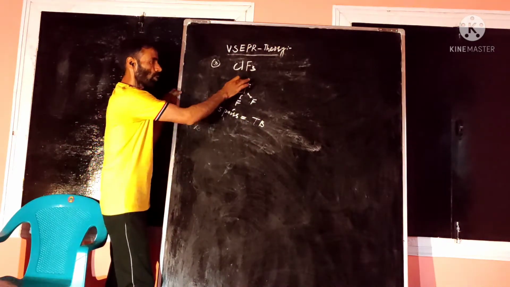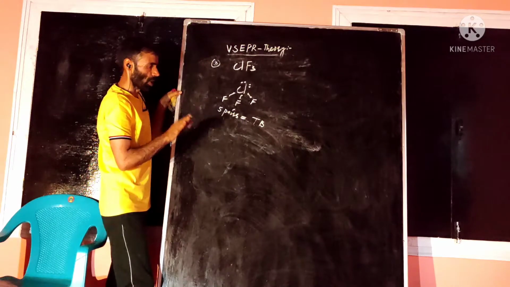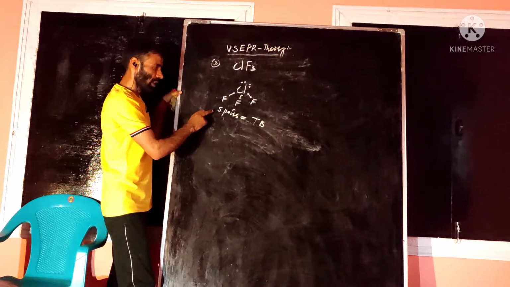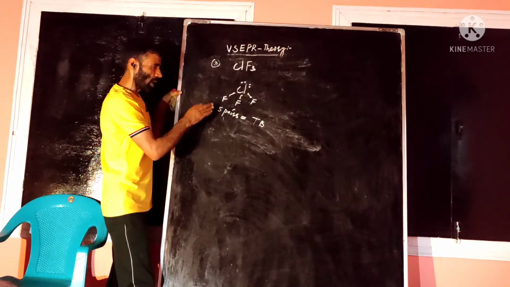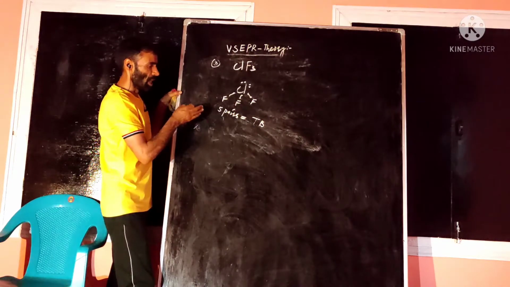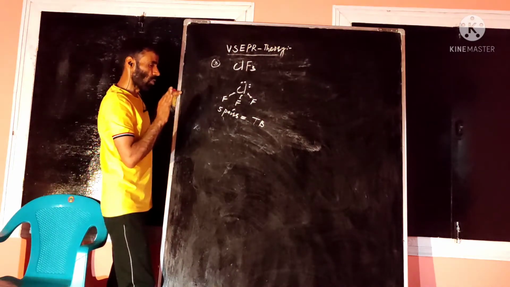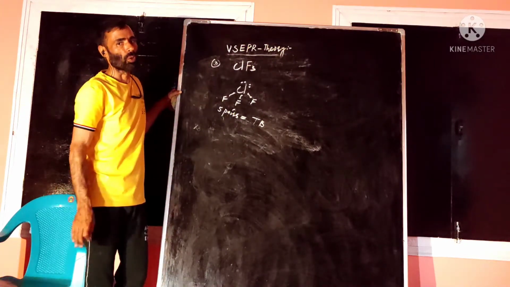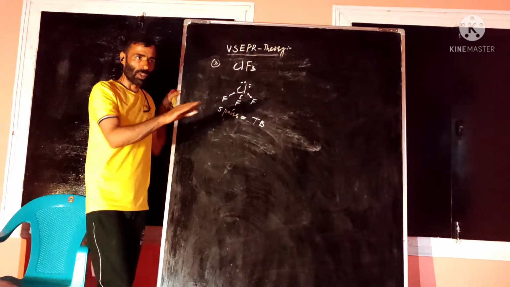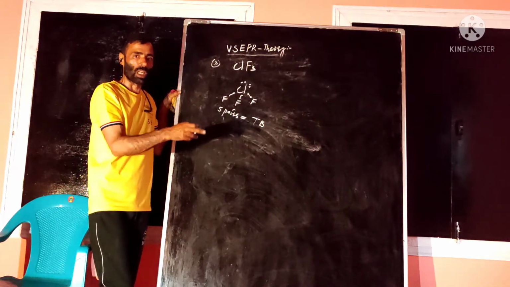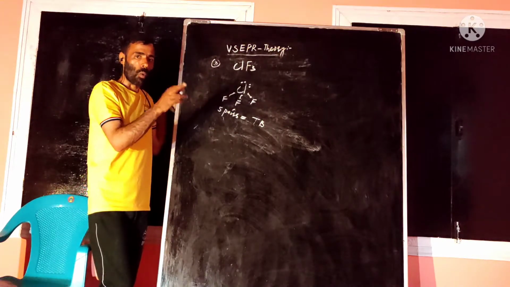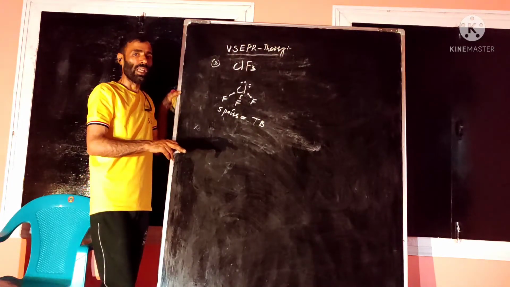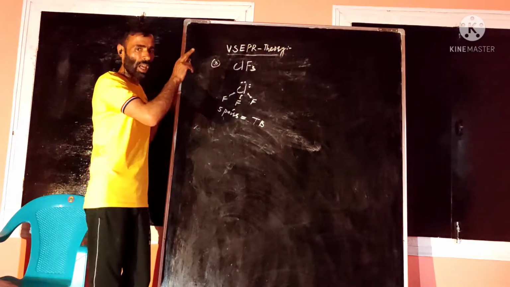But there are 2 lone pairs, and we know lone pairs occupy more space. If we have an example of 5 pairs, among these 5 pairs some 1, 2, or 3 may be lone pairs. Then we always have to put those lone pairs on the equatorial position. Why? Between 2 equatorial positions the bond angle is 120 degree, which is more than if we place these lone pairs on axial positions.